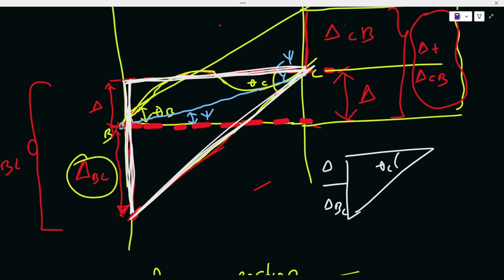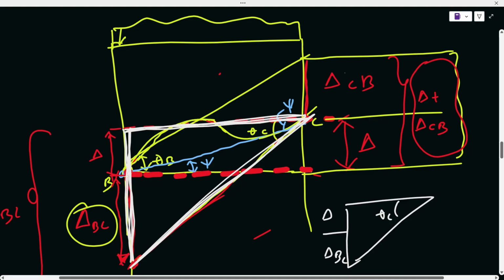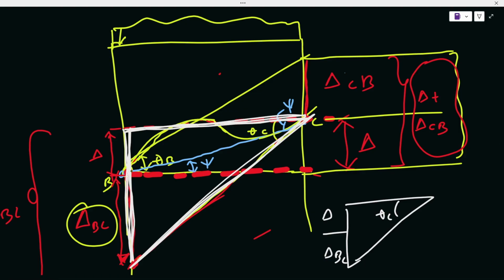Similarly, I can form another shape. Let me give it another color, cream. I can form another shape, this dark green one.